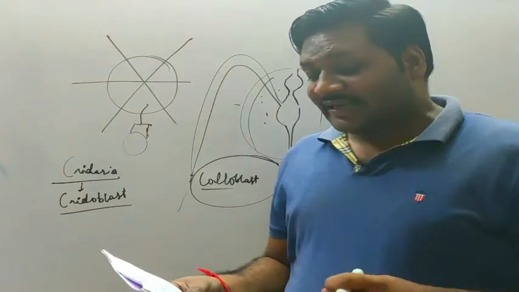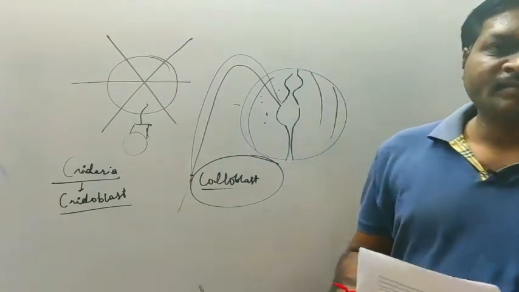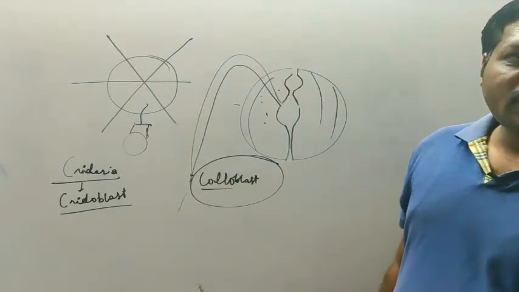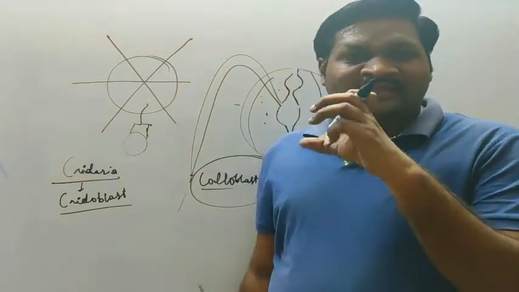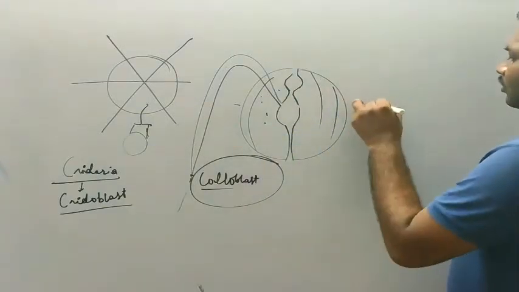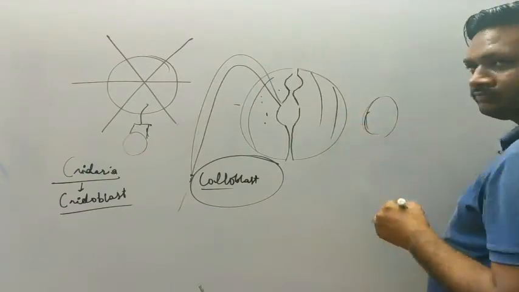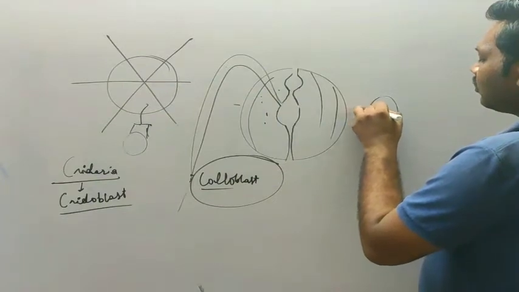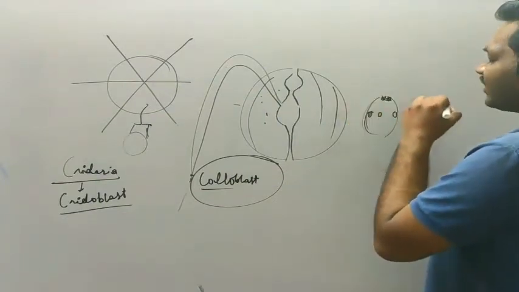The next, Taenia solium is attached to intestinal mucosa. So Taenia solium, which is the tapeworm, is found in the human body in the intestine. As I told you, the body consists of the circular head part, which is called the scolex, which consists of hooks and suckers.